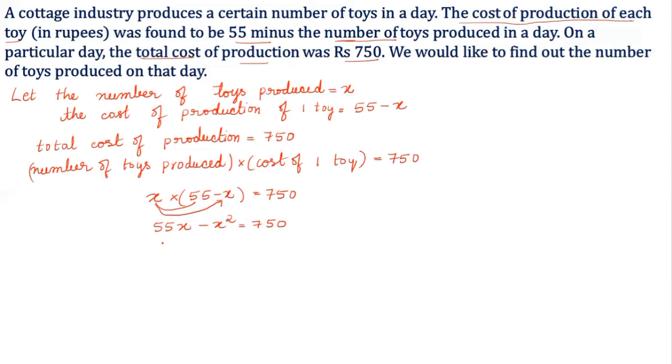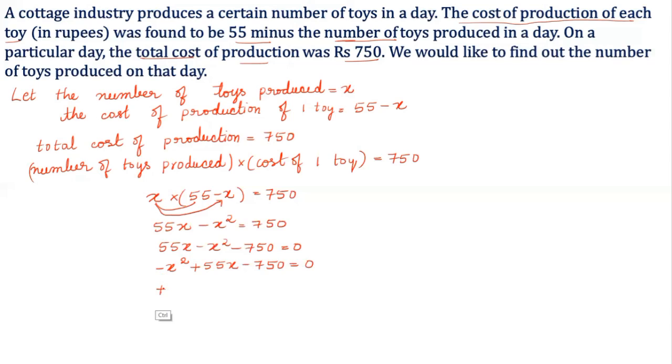Now, write in the standard form: minus x square plus 55x is equal to 750, and take 750 to the left hand side, that becomes minus 750. So, minus x square plus 55x minus 750 is equal to 0 is the standard form.